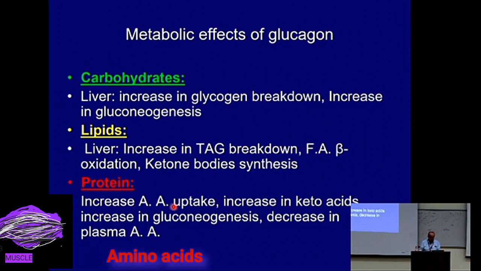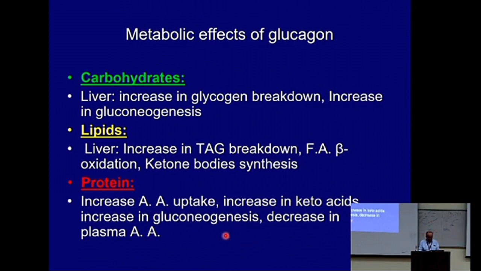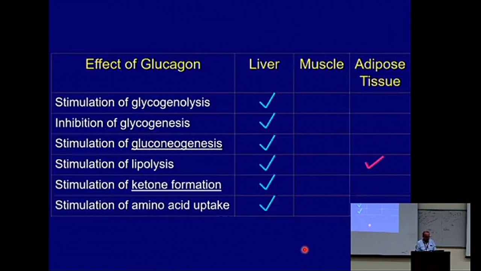Amino acids are released in the bloodstream, picked up by the liver. So this is amino acids coming primarily from turnover of muscle proteins. Okay? And they are going to provide the carbon skeletons for gluconeogenesis. We talked about one of them: alanine can be released, goes to the liver, becomes pyruvate. Pyruvate can be used to make glucose.